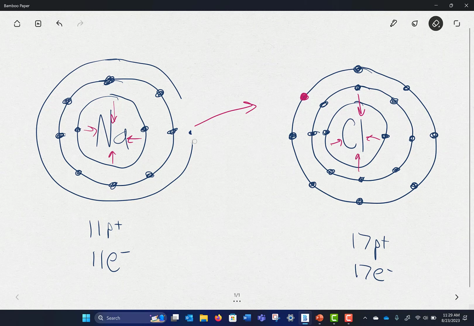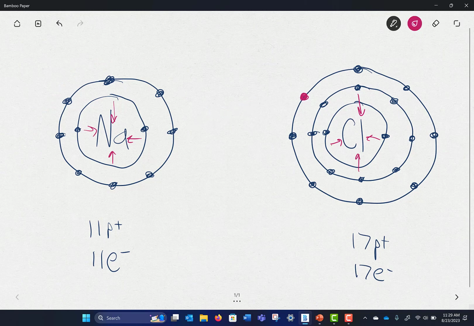So if there is no valence electron there, the entire shell is non-existent. And what's the result? The result is now that sodium has a full valence shell, and it is happy. It's got a full valence shell. Chlorine has a full valence shell. Both are happy.